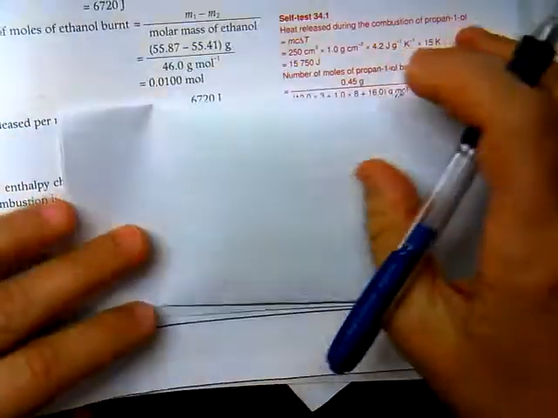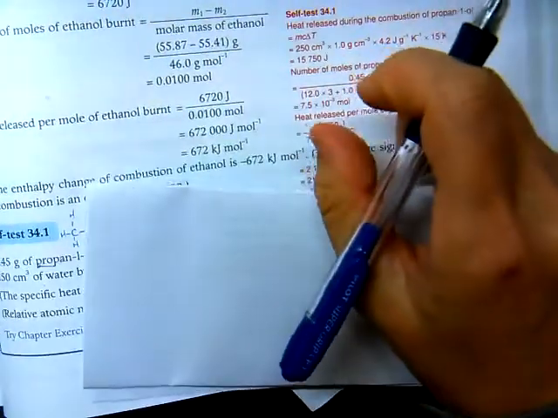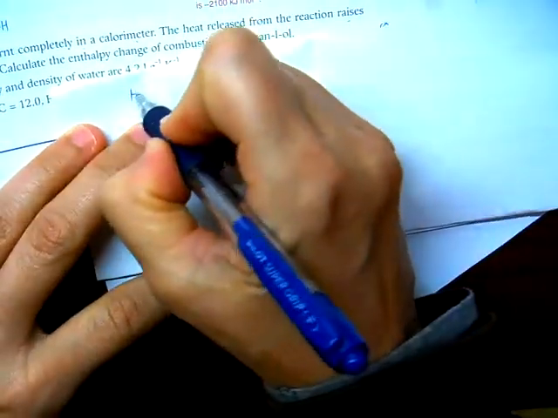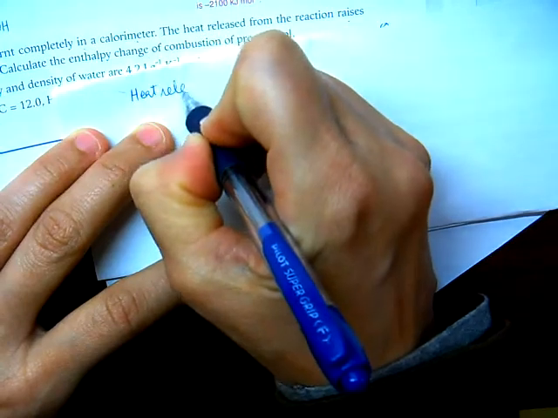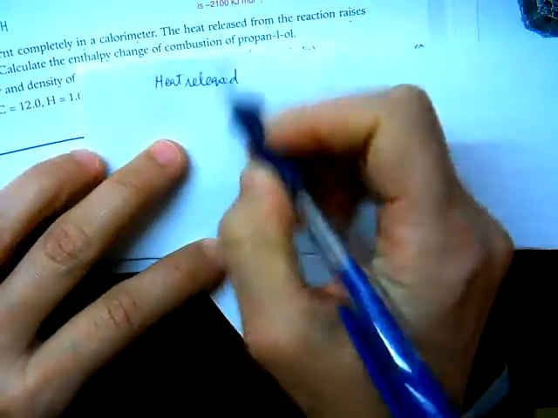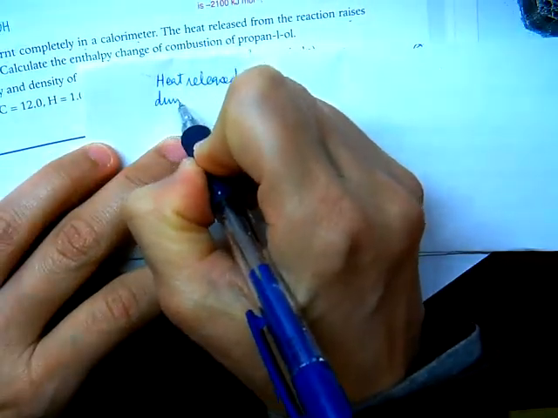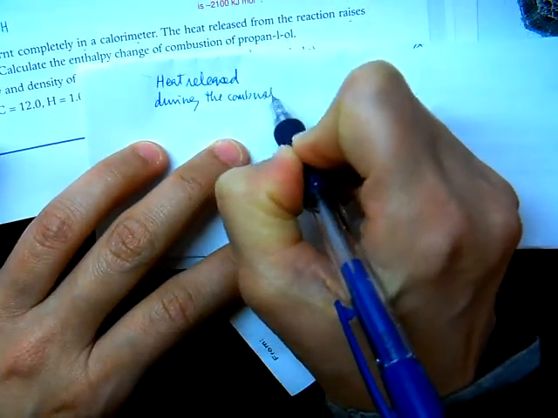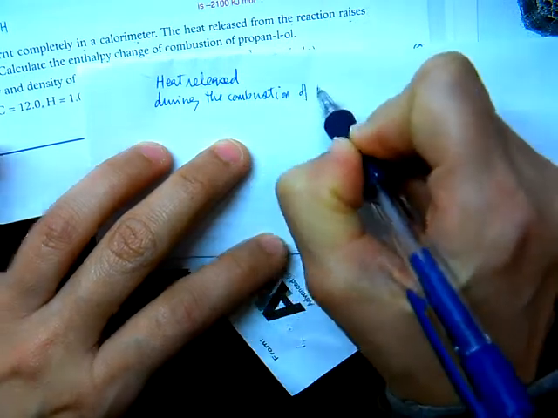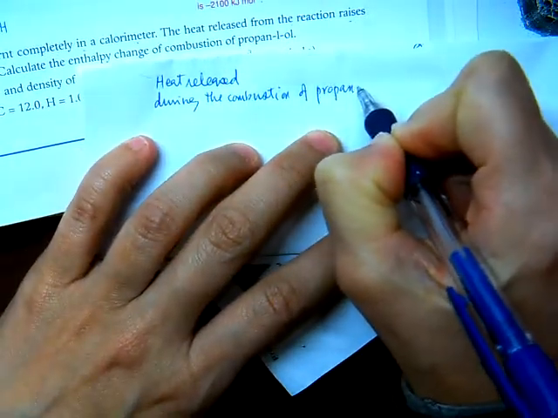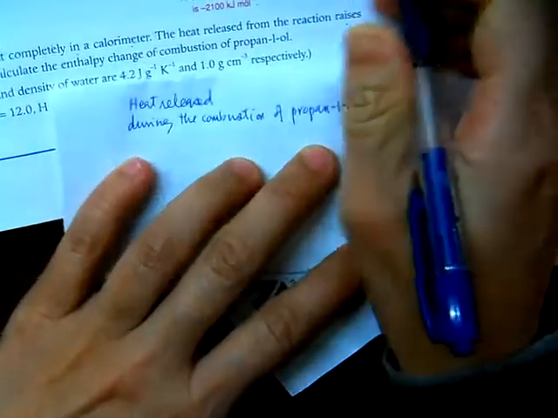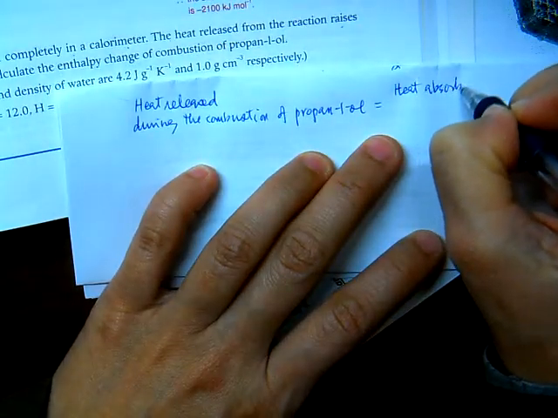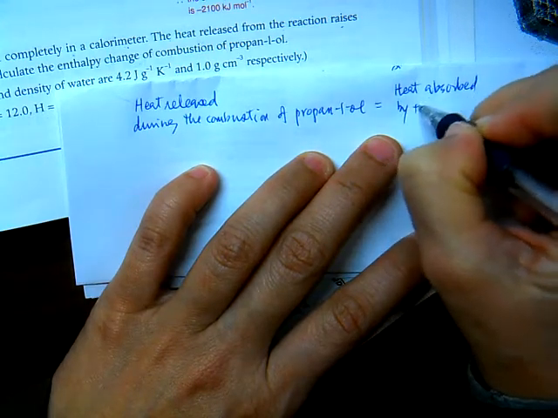First of all, follow the step that I have shown you before. Write down this first, heat released, so that you understand what you are doing. Heat released during the combustion of propan-1-ol is transferred to the water, so it is equal to the heat absorbed by the water.